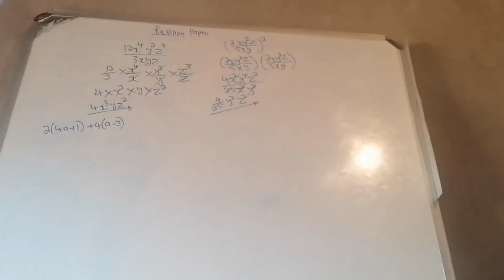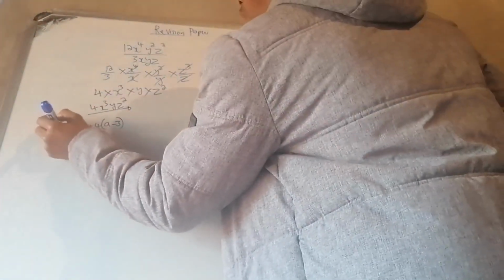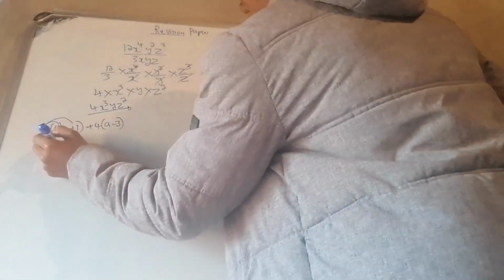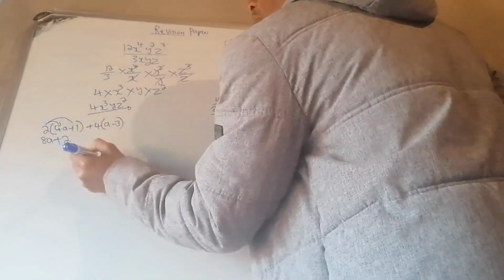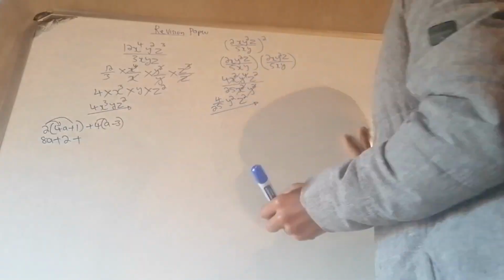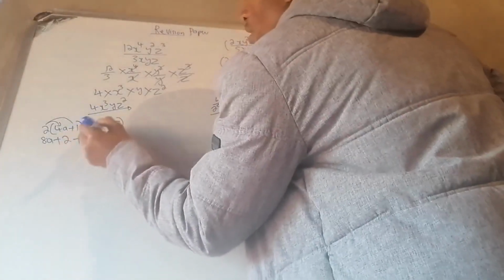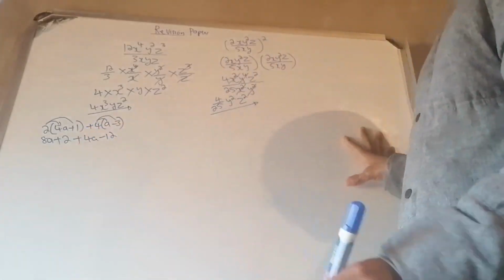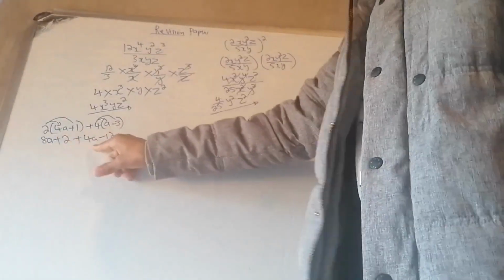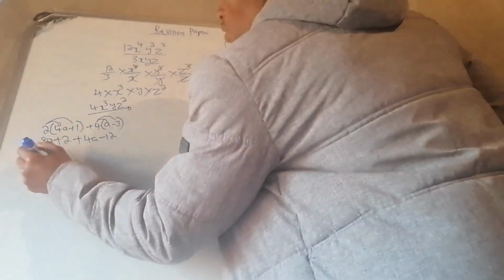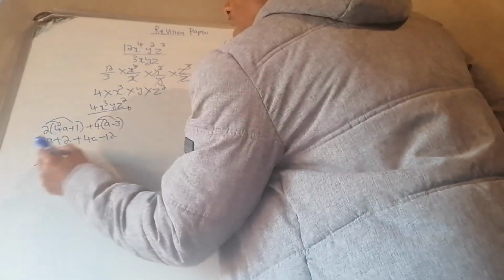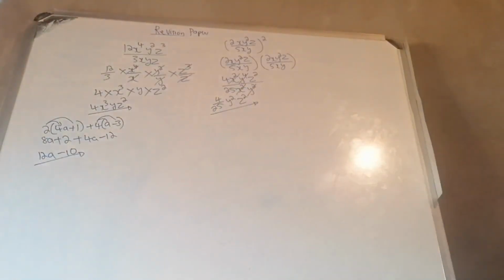Now, 2 times 4a is 8a, plus 2 times 1 is 2, plus 4 times a is 4a, 4 times negative 3 is negative 12. Now I group like terms. 8a plus 4a is 12a. 2 minus 12 is negative 10. Then you are done. You are fully done.